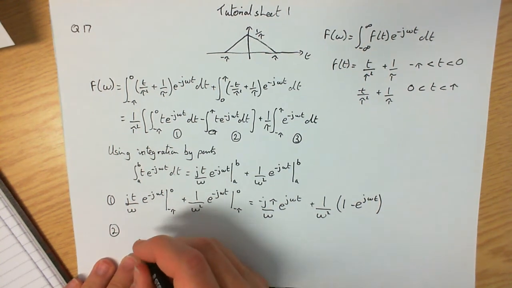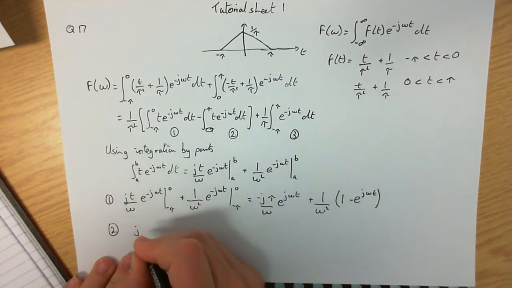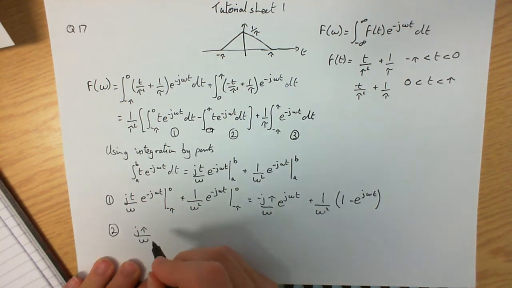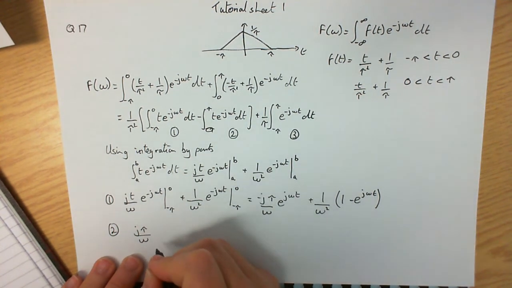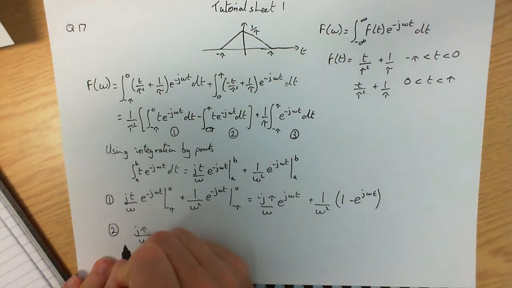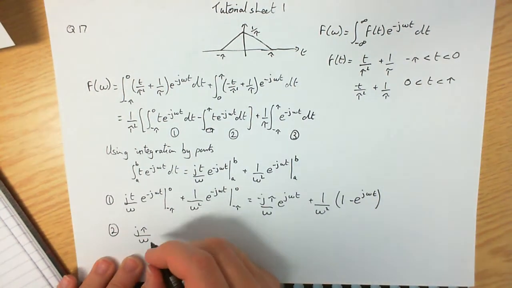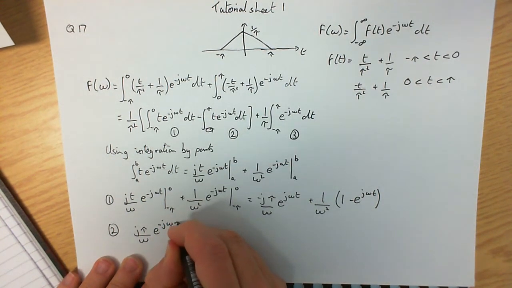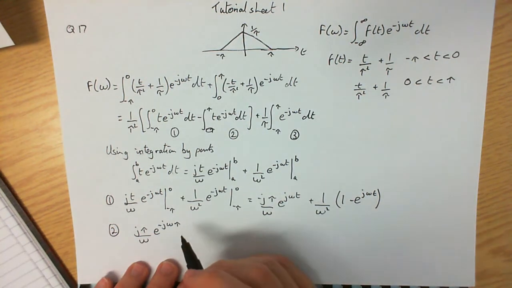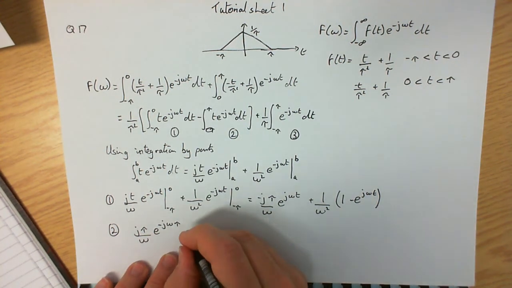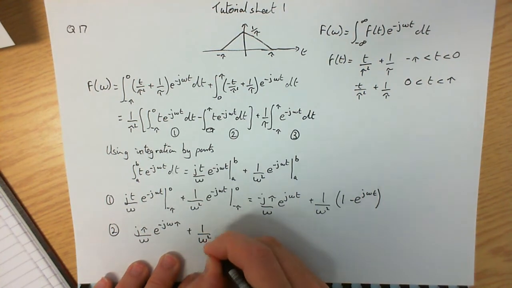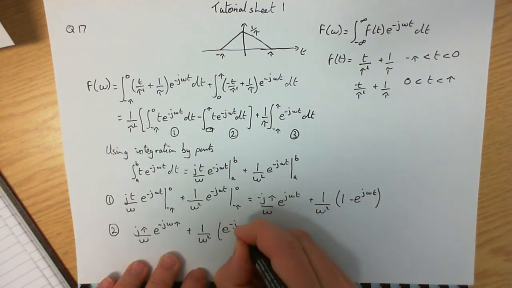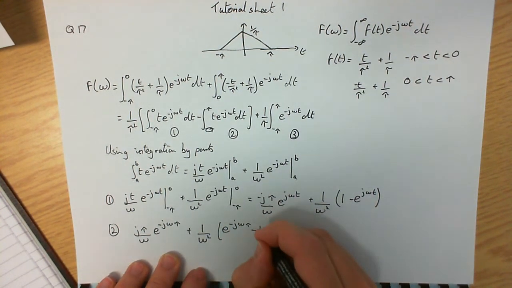So if we multiply all that out and do the integration, we get j tau over omega e to the minus j omega tau, plus 1 over omega squared into e to the minus j omega tau minus 1.